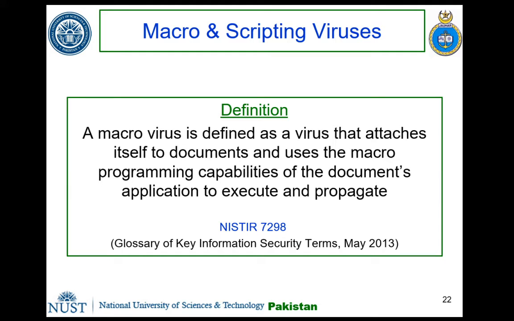In the mid-1990s, macro or scripting code viruses became by far the most prevalent type of virus. Macroviruses infect scripting code used to support active content in a variety of user document types.